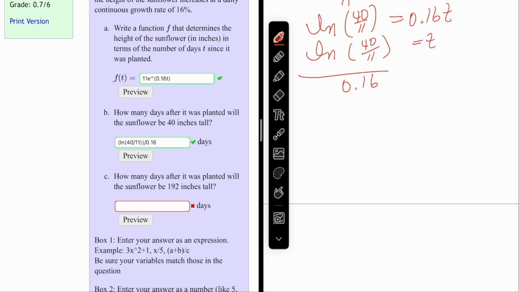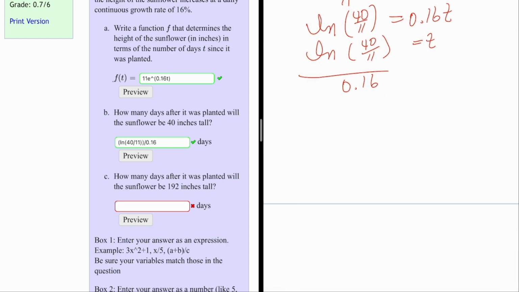So we're going to write for that portion, for C, it would be the natural log of 192 divided by 11 all over 0.16. So use what you've already calculated to help you move on. Okay, and I'm not going to take the time to type that. You take the time to type yours.